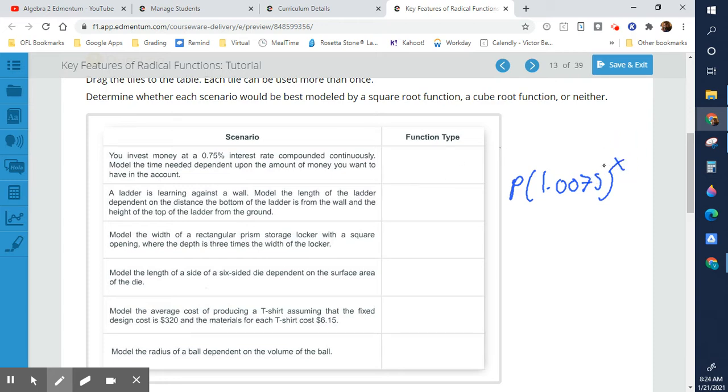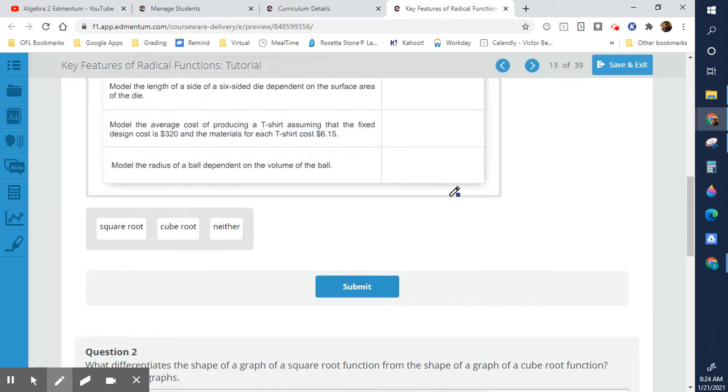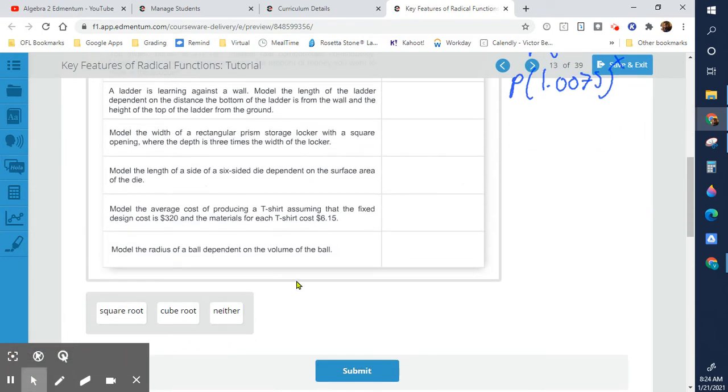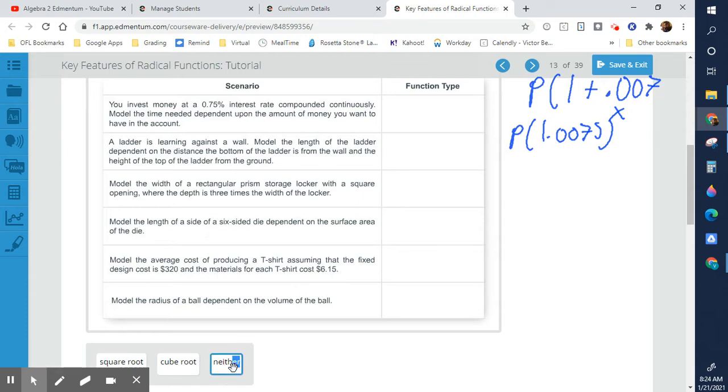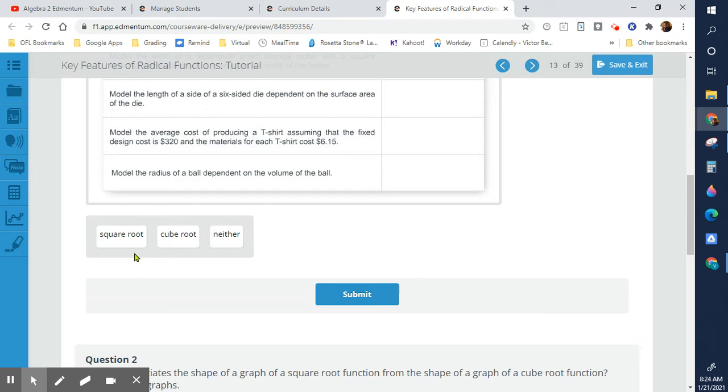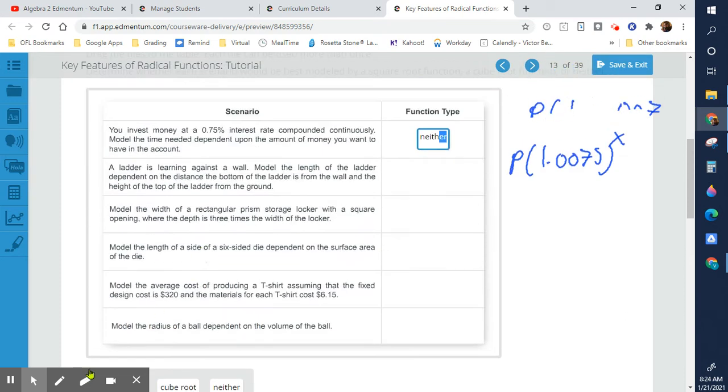Well, how much money do I have? I have my principal times whatever I have, and you're going to keep doing that over and over and over again every month continuously. So that one is not a cube root. What are our options? Square root or cubic root? It's neither, because that's an exponential.